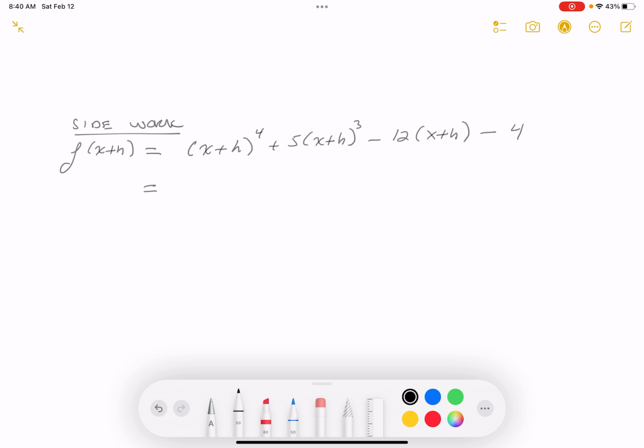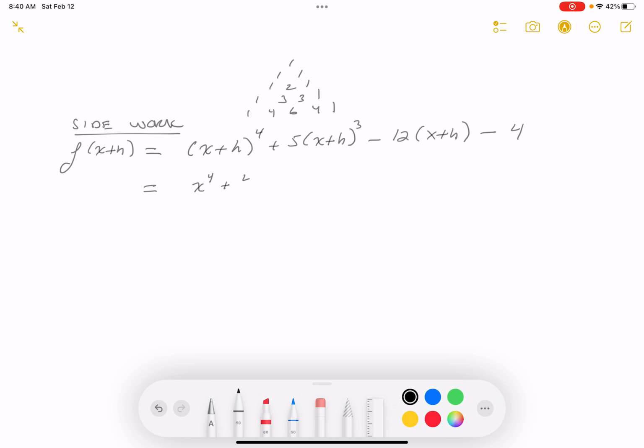So I think I can do that. It's going to be long, though. I know that. This is going to be x^4 plus, well, yeah, maybe I'll write Pascal's triangle down for you. 1, 1, 1, 1, 2, 1, 1, 3, 3, 1, 1, 4, 6, 4, 1. Well, I got it.